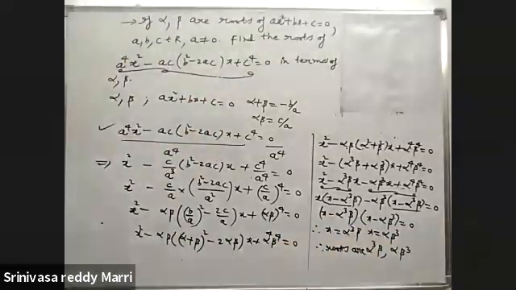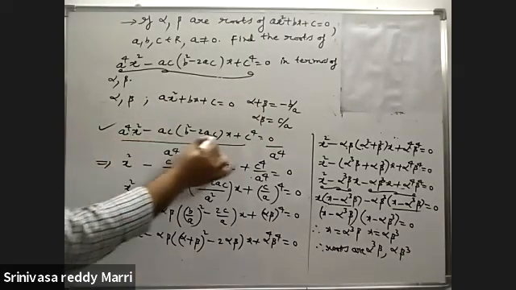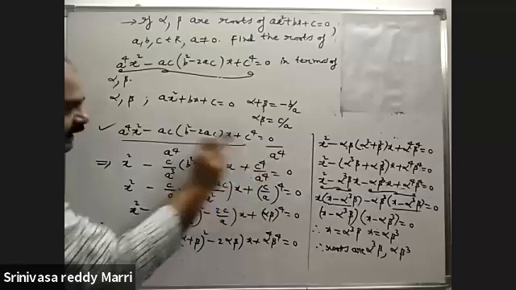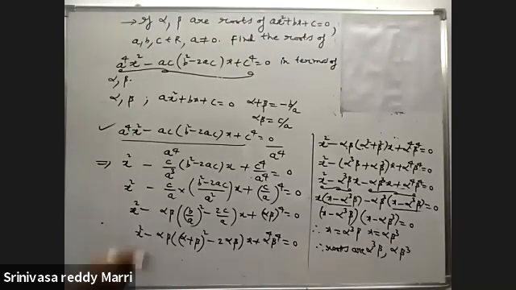For that, what I have done is, first I have written the relation between the roots of this. Till here, no problem. So for this equation, whatever the coefficient of x square is, a power 4, I have divided on both sides, because it will be convenient for me if I make this as 1. While factorizing, if I make this as 1, it will be convenient. Divide by a power 4, divide by a power 4.